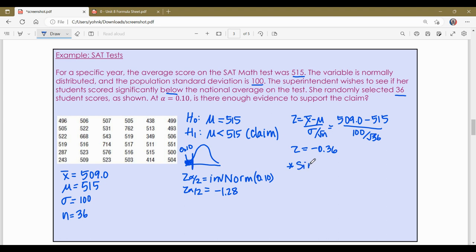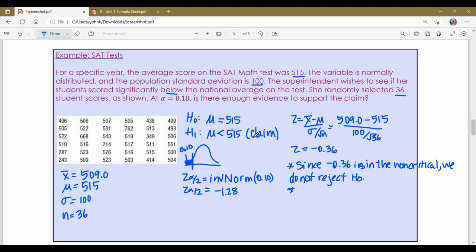So since negative 0.36 is in the non-critical region, we do not reject the null hypothesis. So we are not rejecting the null hypothesis, which means we don't necessarily think it's wrong, which means we don't have enough evidence to support our claim.